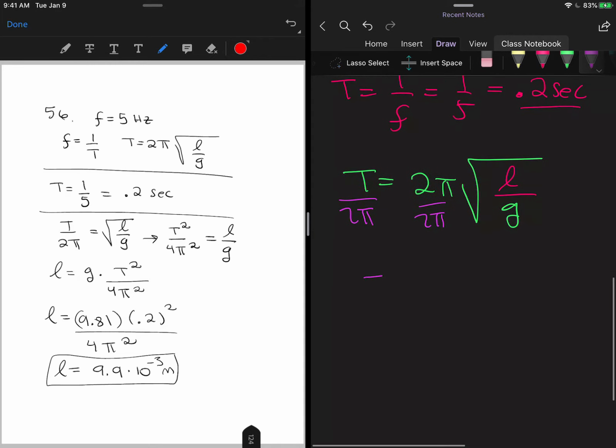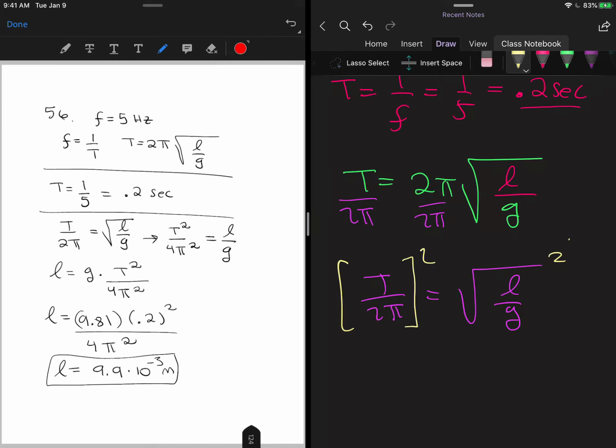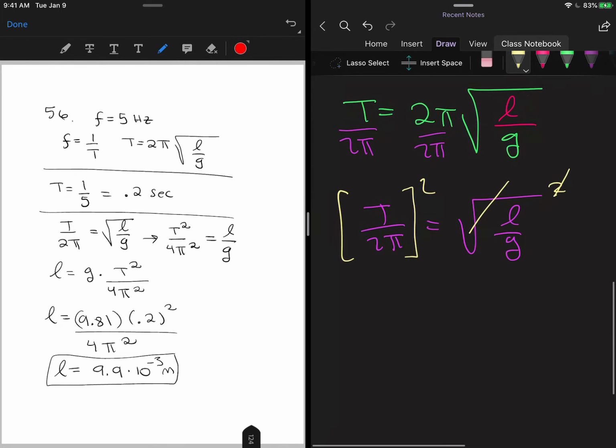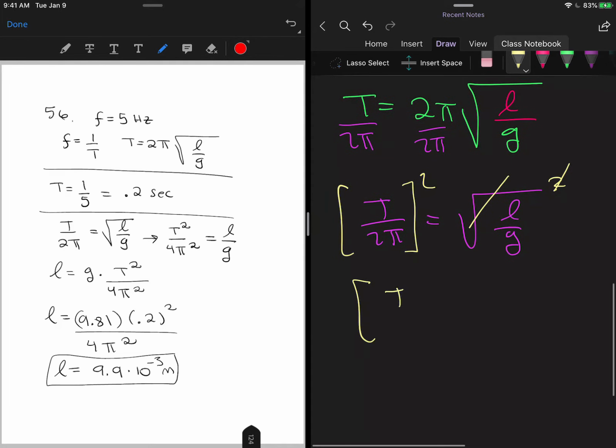And you get that period over 2 pi equals square root of L over g. And next thing, let's raise both sides to the power of 2, so that the power of 2 cancels the square root. And then you get that period over 2 pi, all squared, equals length over g.